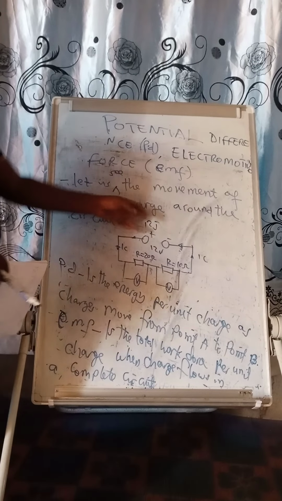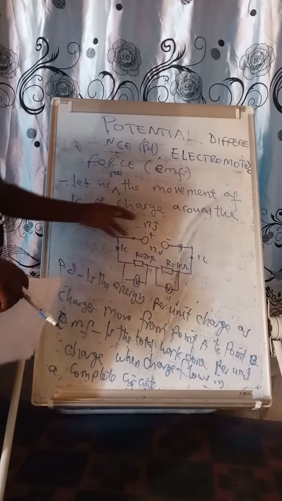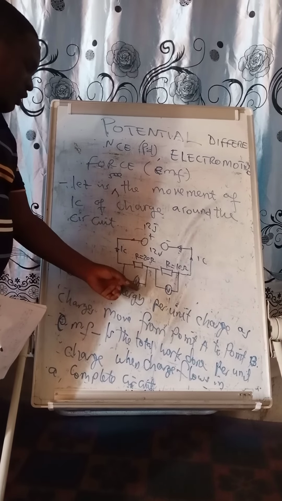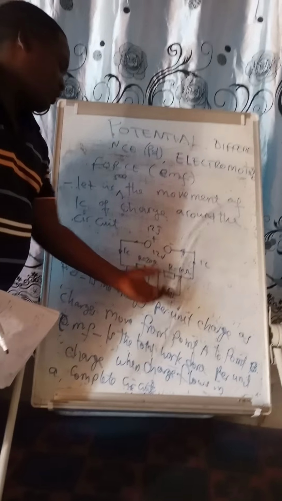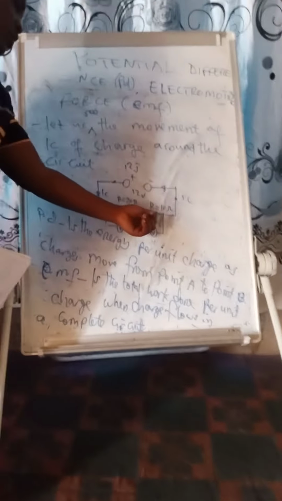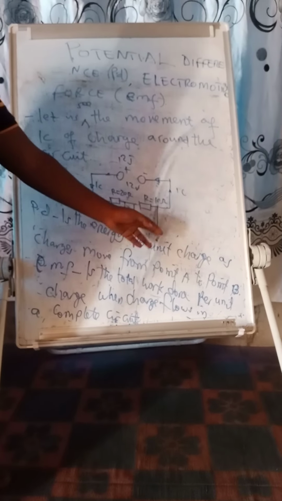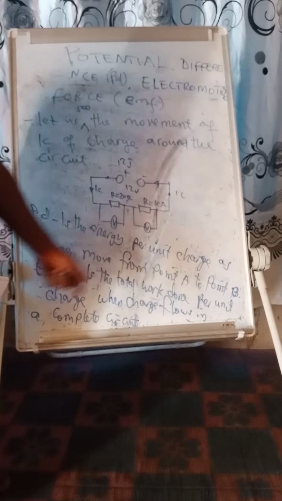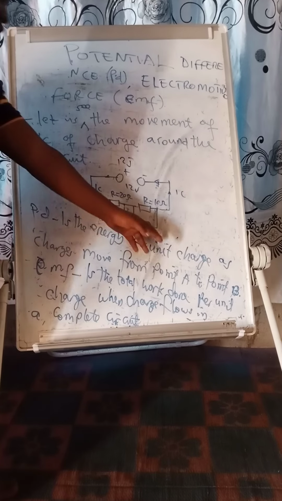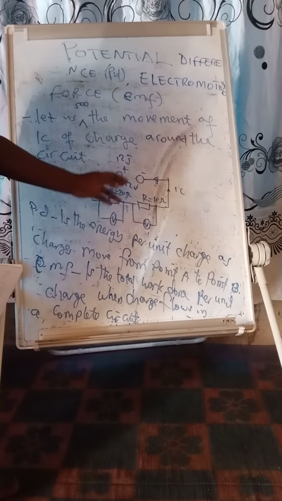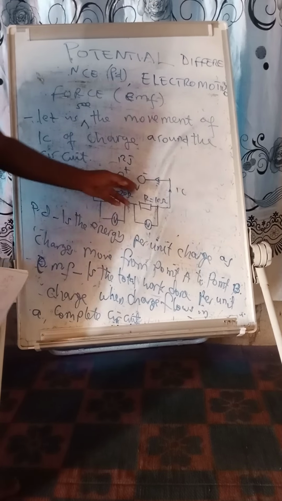For example, here the total is 12 joule. This is e.m.f, and the PD here is 8 joule and 4 joule. Across this resistor the PD is 8 joule, and across this resistor of 10 ohm, the PD is 4 joule. This is in terms of energy, but in terms of volts, we say the PD is 4 volts, then the PD is 8 volts, and the e.m.f is 12 volts.